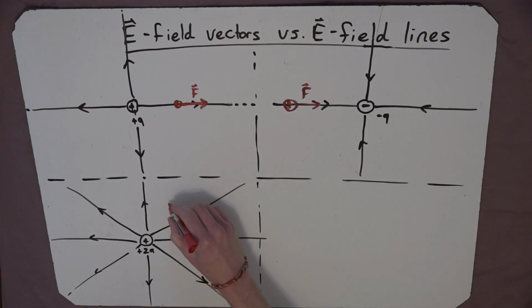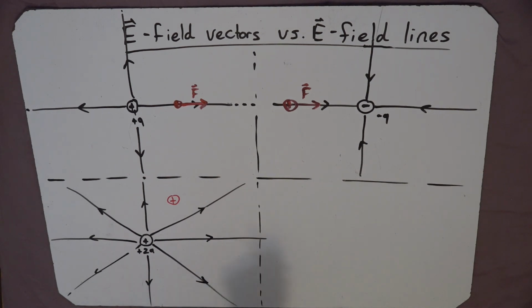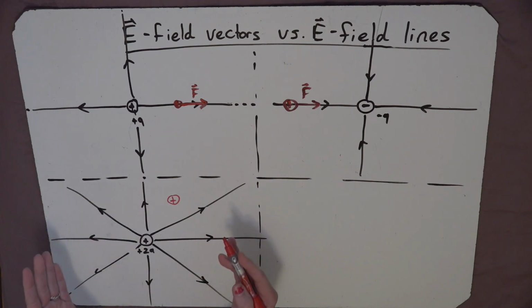The next question that arises is, what if I place my test charge somewhere in between the field lines? Does it now not feel a force because the field line is not running through it? Well, the answer is yes, it actually does still feel a force, but you have to understand what the physical interpretation of the field lines representation actually is.